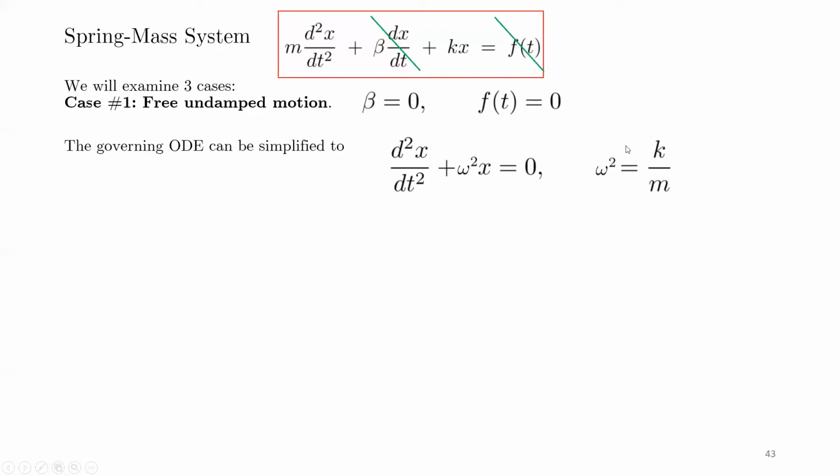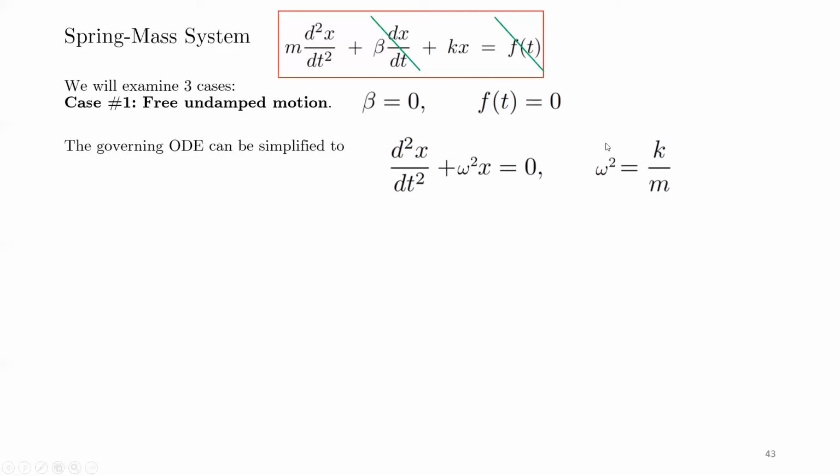We can call it whatever we want. You'll understand why I say squared soon when we solve it. But one point is we know this is positive because the spring constant has to be positive. The mass has to be positive. So we know that omega and omega squared have to be positive.